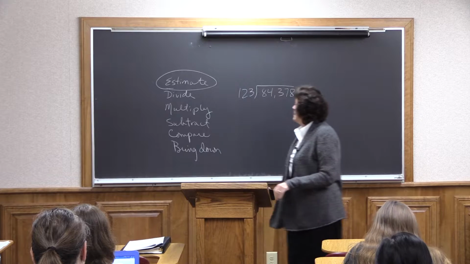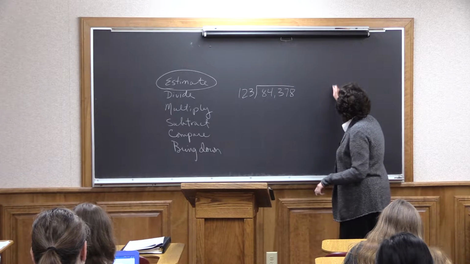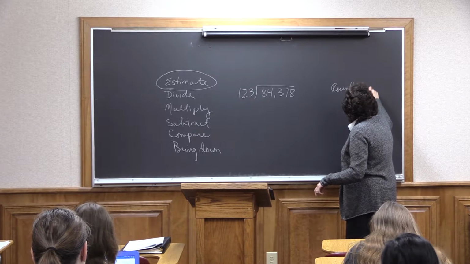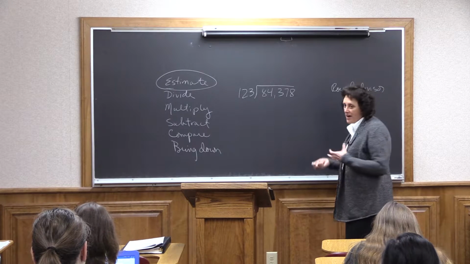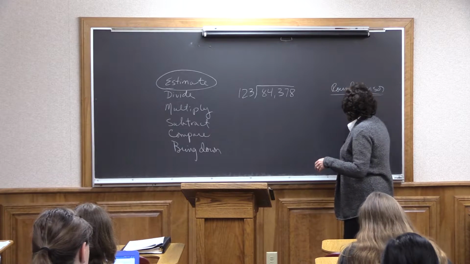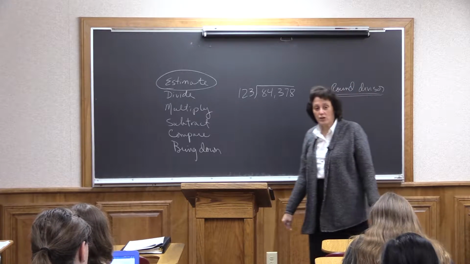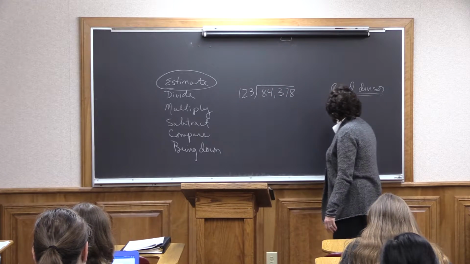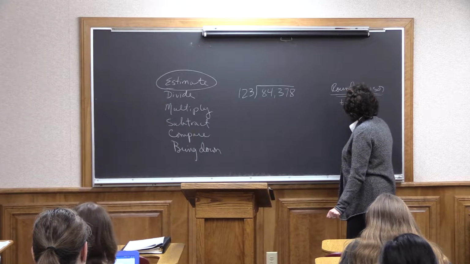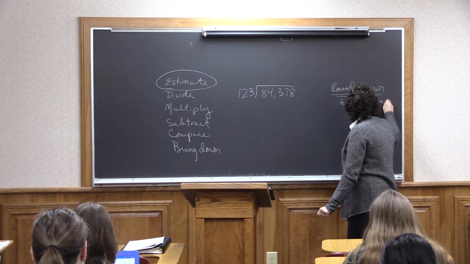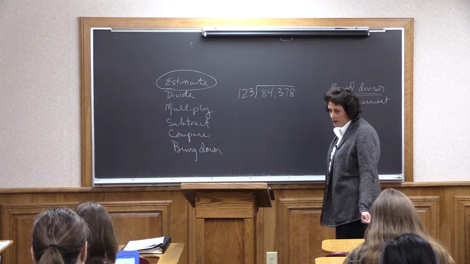So some estimation strategies. Yes, we will round the divisor, but let's refine this a little bit. Rounding the divisor does not always have to go to the first digit. We want to round the divisor, first of all, to a convenient number. Not just whatever the first number is.